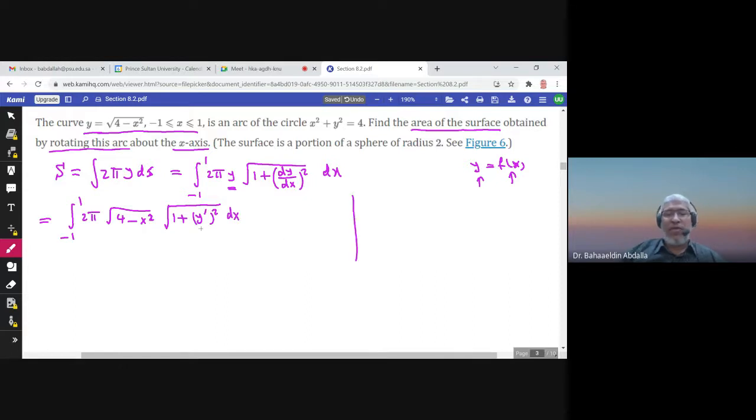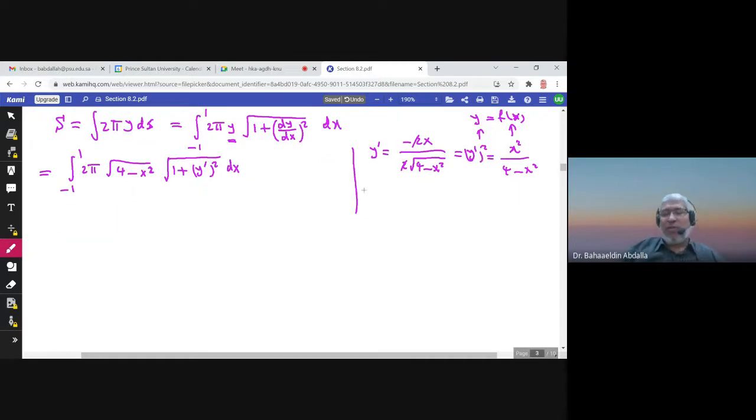And let us find here what y prime squared is. So y prime is the derivative of the square root: 1 over 2 times the square root, times the derivative of the radicand, which is negative 2x. The 2 cancels with 2, and y prime squared would be, if you raise it to the power 2, the negative becomes positive, x squared over 4 minus x squared.